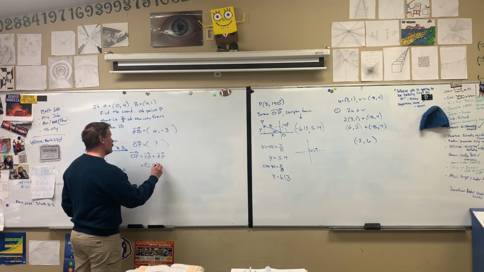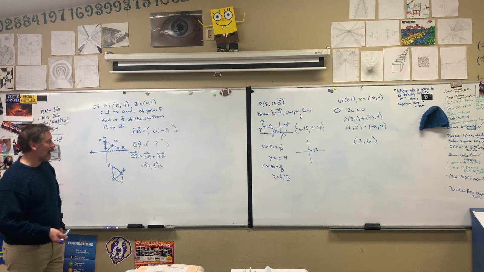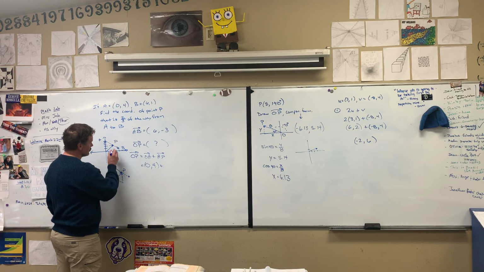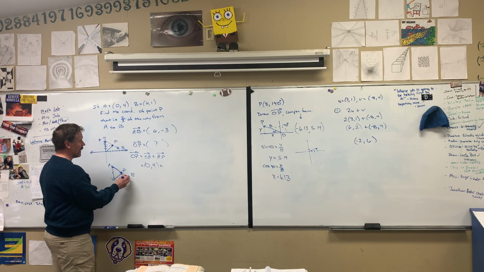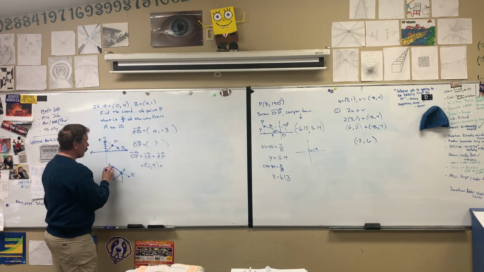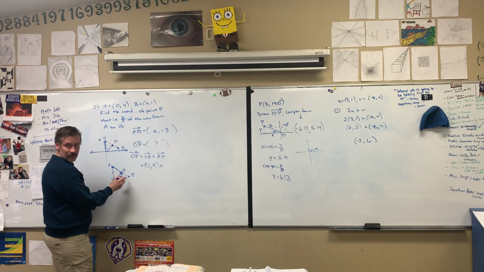The issue is I don't know A to P, because do I know what P is? No. However, if I extended this out, just like in the picture, I could get from A to B. I actually know what AB is, right? (6, negative 3). Well, what do I know AP is in comparison to AB? 2/3 of it.